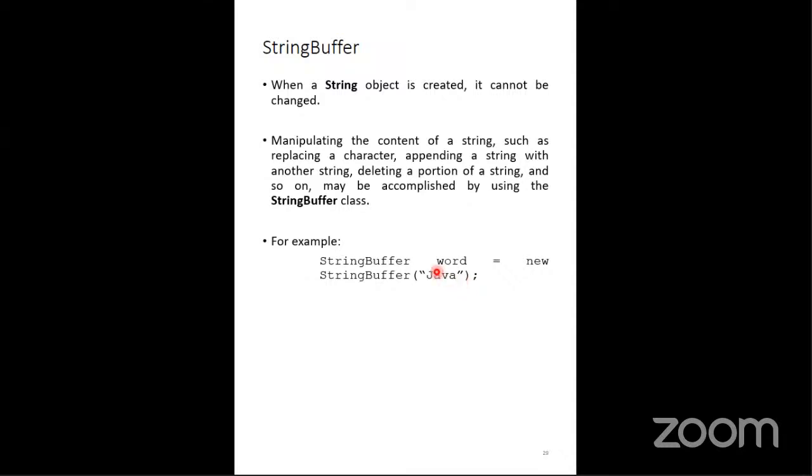If the same string is created with the help of a String object, then you cannot change it. In this case, the string is created with the help of the StringBuffer class, so this is a modifiable string. How can it be modified? If I write word.setCharAt(0, 'D'), where word is the StringBuffer object, 0 means the first character.